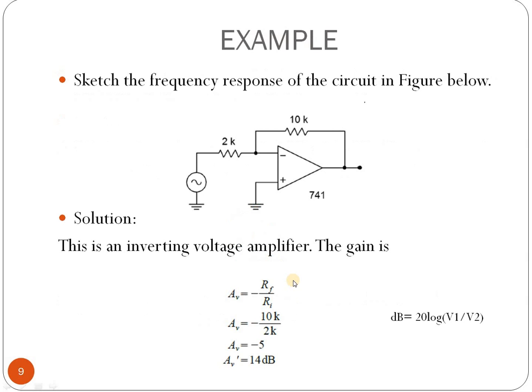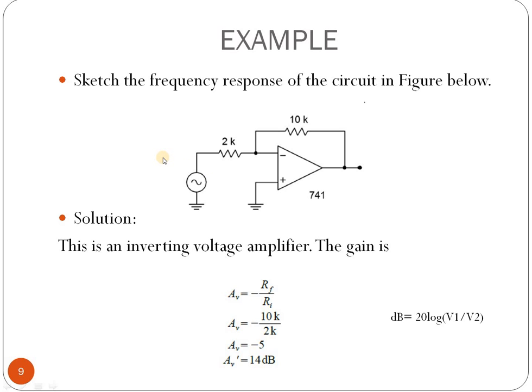Another example: sketch the frequency response of the circuit in the figure below. One circuit is given and we need to draw its output frequency response. First you need to understand what type of circuit it is, and you see that this is an inverting amplifier.